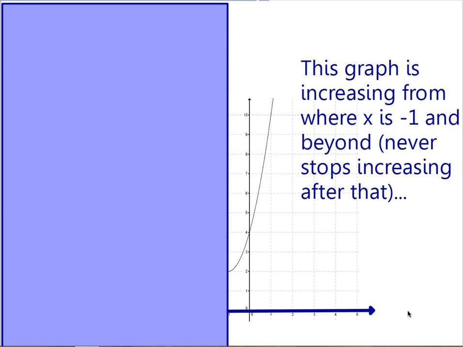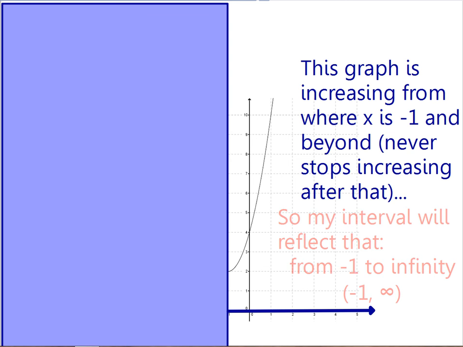So I'm going to start where x is -1, and if I go forever to the right, I say that I am going to positive infinity. So my interval shows that, right? From where x is -1 on to infinity, meaning it goes forever to the right.